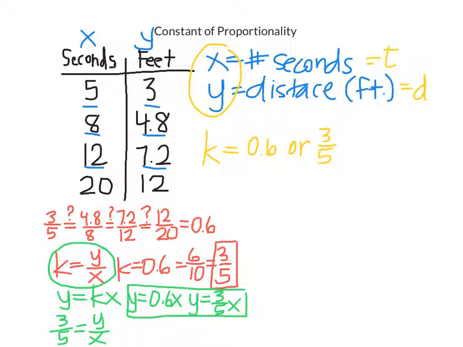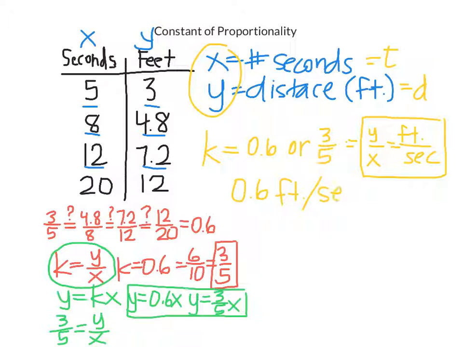Well, the 0.6 is, and if you'll remember, that this equals y over x, and the y is distance or feet, and the x is time in seconds. Well, this is really the key right here to helping you understand what the constant is, because the constant is 0.6 feet per second. That's what the constant means. That little boat is traveling at 0.6 feet per second.